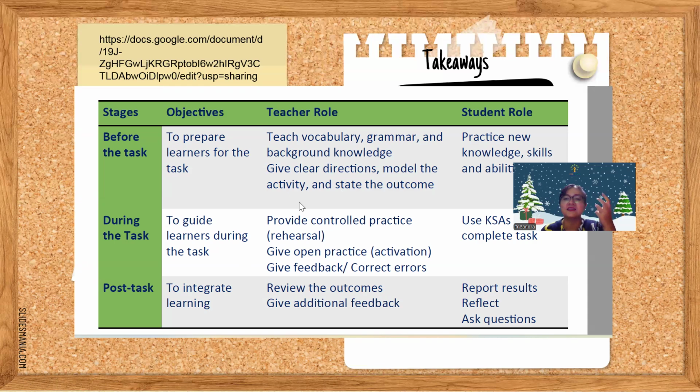We have to give clear instructions, model the activity and state the outcome. During the task, first of all it will be controlled practice. We have to give open practice after that, give feedback and correct errors. And post-task, we have to review the outcomes and give additional feedback. These are the key takeaways. Okay, thank you for answering, teachers.